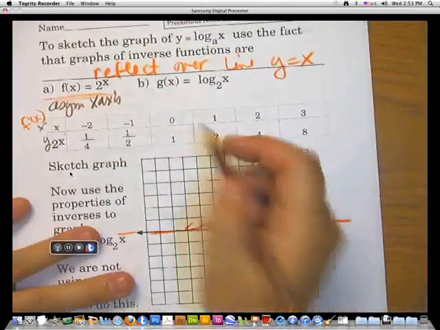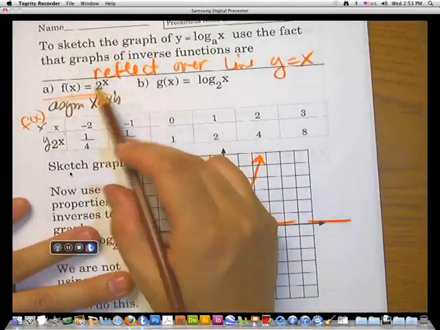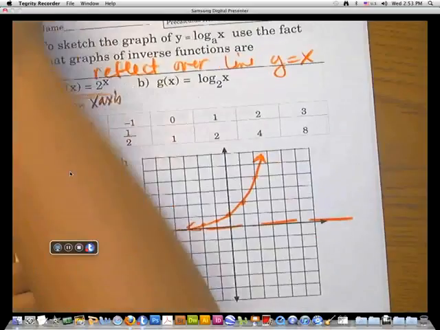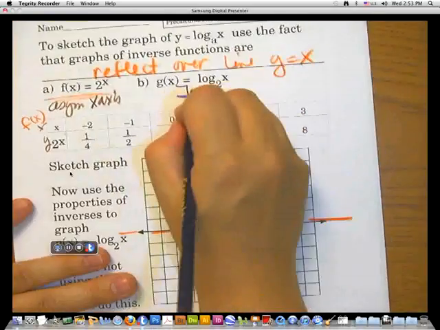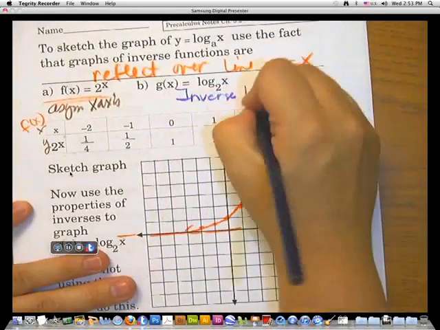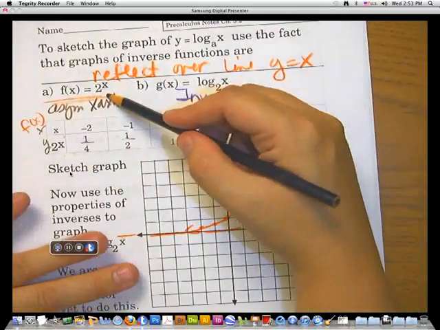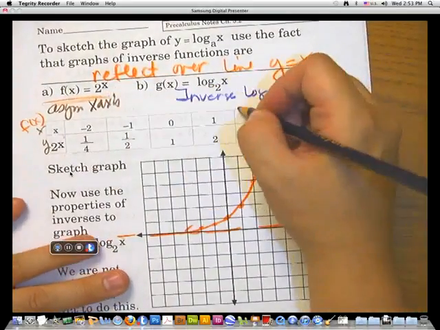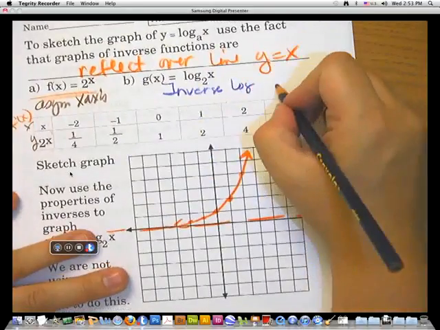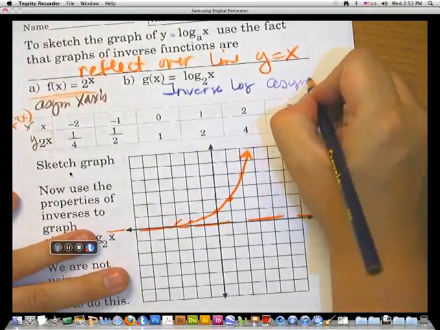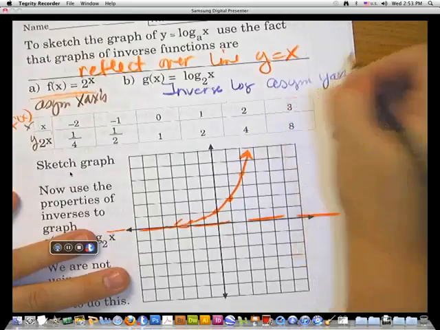All right, well, that's my exponential form. So if I'm going to do the inverse, which is log form, and a log is the inverse of an exponential, well, that means everything is going to change. That means my asymptote is the y-axis.